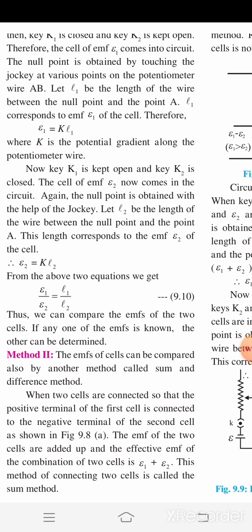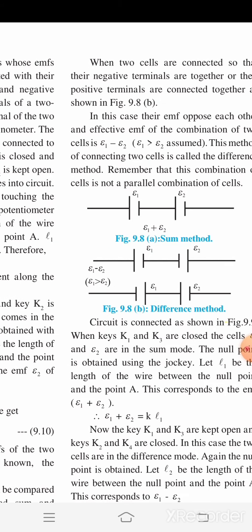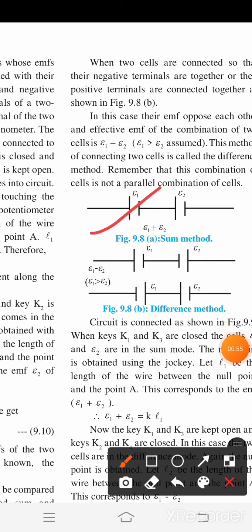In this sum and difference method, two cells are connected so that the positive terminal of the first cell is connected to the negative terminal of the second cell, as shown in figure 9.8a. The positive terminal of cell E1 is connected to the negative terminal of cell E2, and the negative terminal of cell E1 is connected to the positive terminal of cell E2.